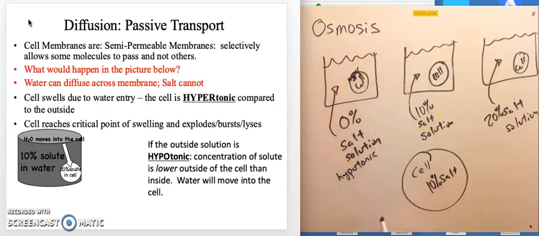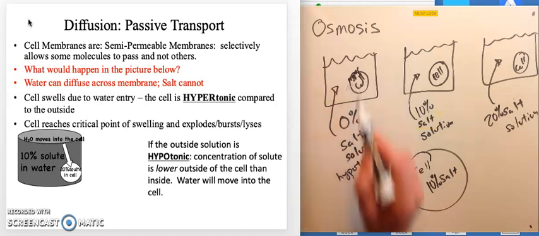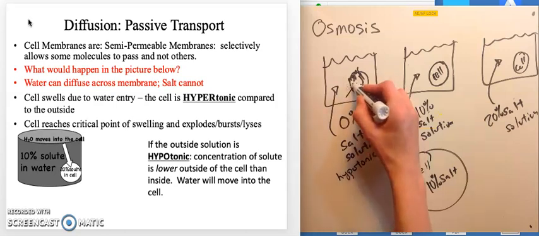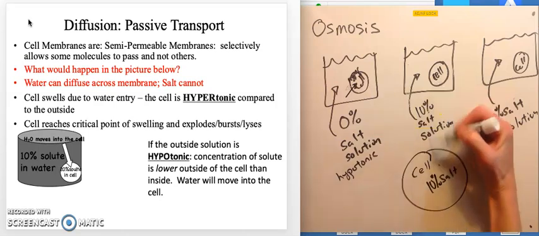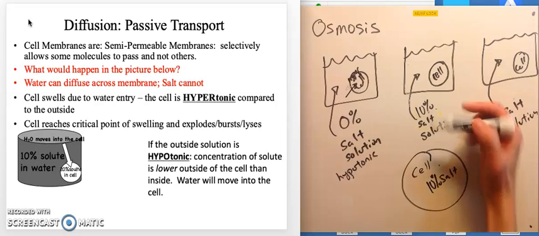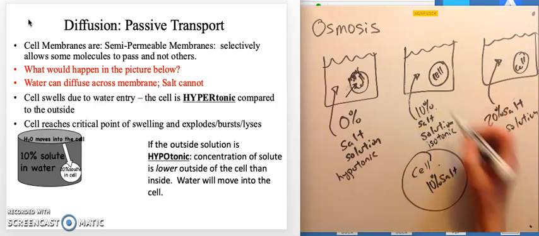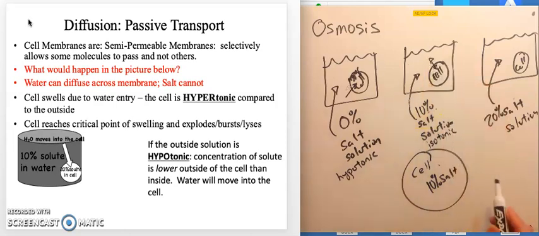If the membrane were permeable to the salt, the salt would move out of the cell. But membranes are not typically permeable to salt ions, so instead the water is going to move by osmosis into this cell. In this case, the cell and the environment have the same concentration, so they're both isotonic to each other, and water is going to move both into and out of the cell, but in neither net direction.